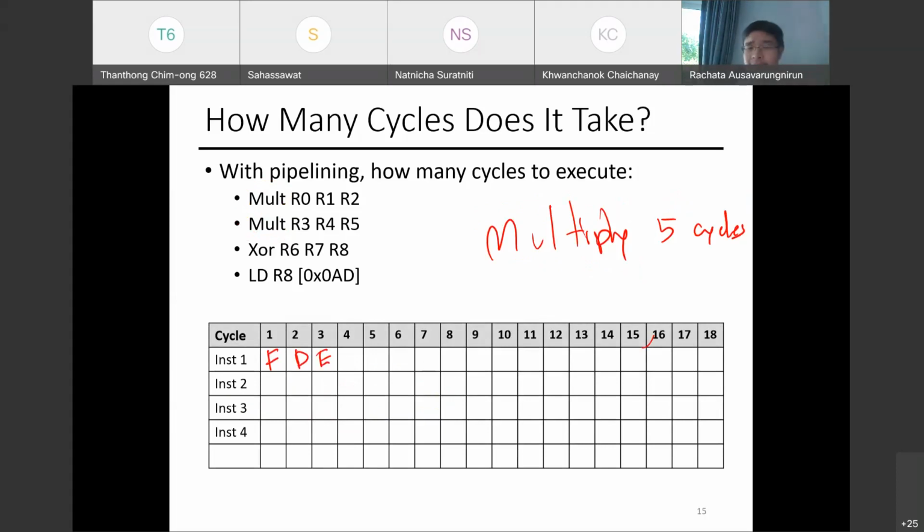How long do I need for the execute to finish? Multiply takes 5 cycles, so I'm going to put execute here, right? Because it does take 5 cycles in this particular assumption.